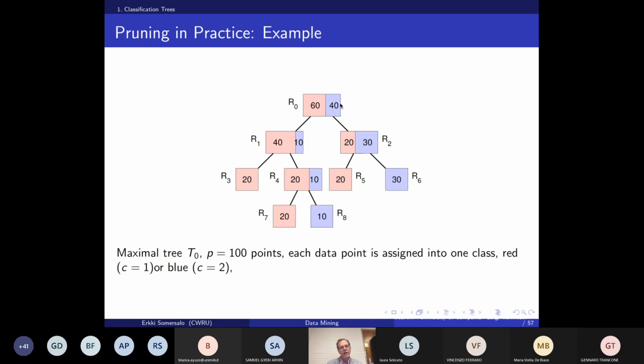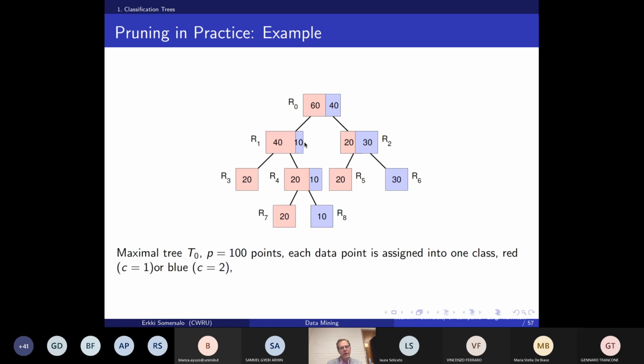I assume that I have, let's say, 100 data points at the beginning, and 60 of them are class number 1, and 40 of them are in class number 2. So my mixture of data in this case is 60-40. And then I do the optimal splitting, and I'm assuming that the optimal splitting is leading to the following situation.